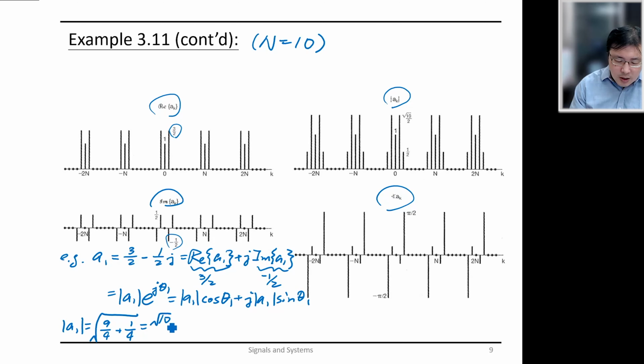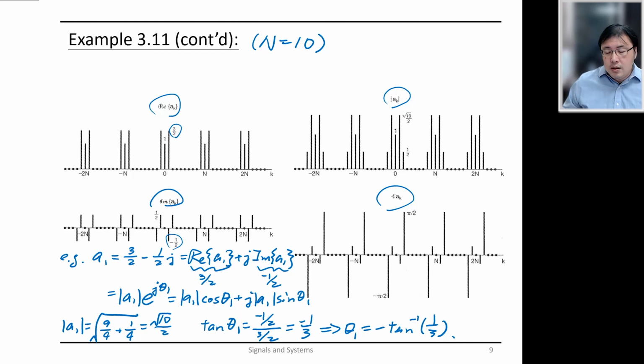So this is square root 10 over 2. And what about the phase theta 1? If you take the imaginary part divided by the real part, you get tangent theta 1, which is minus 1/3. So therefore, theta 1 is minus arctangent of 1/3.